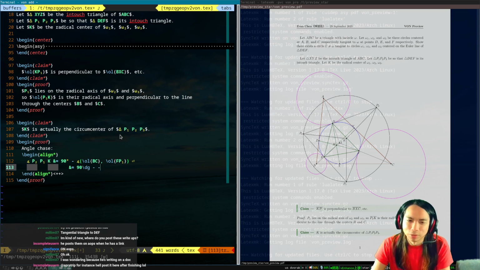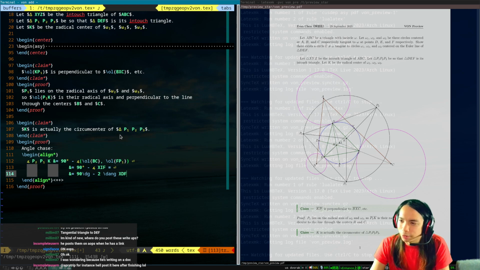We're just going to transfer it directly to XIF, which is 90 degrees. Okay, so this is the case where I don't need to split into cases.